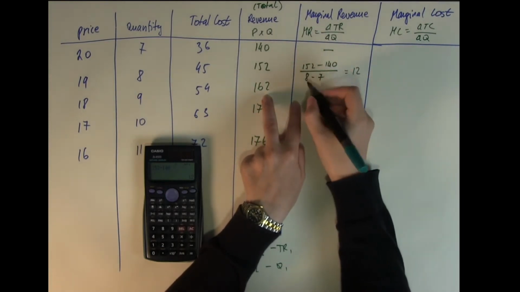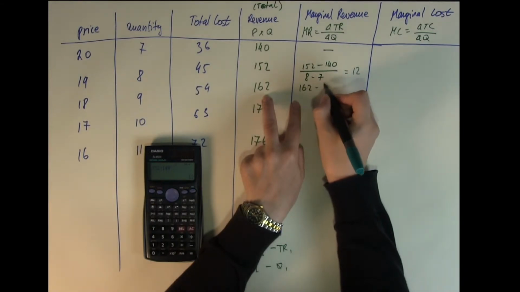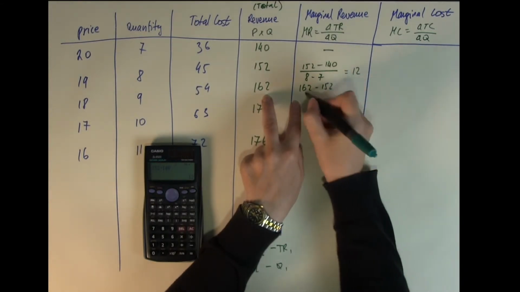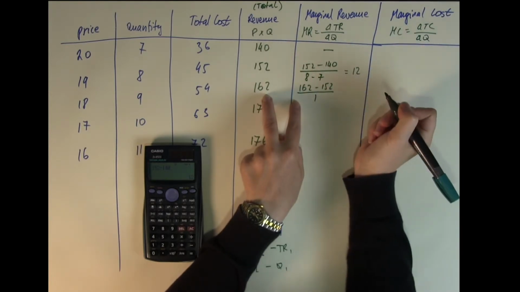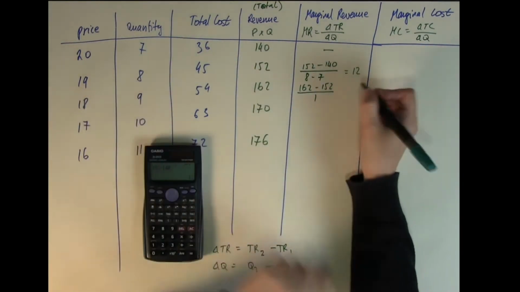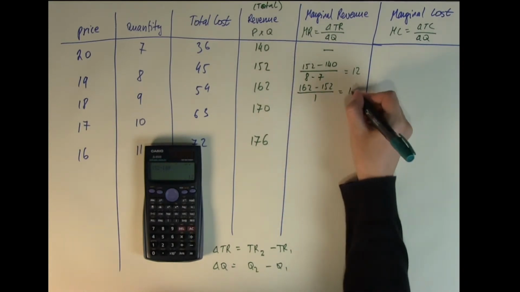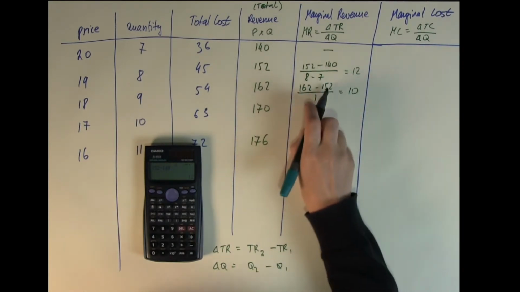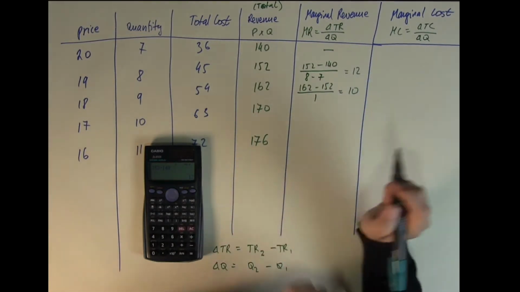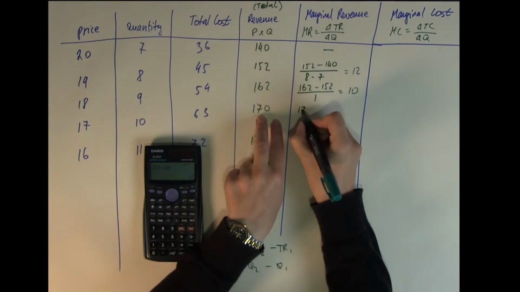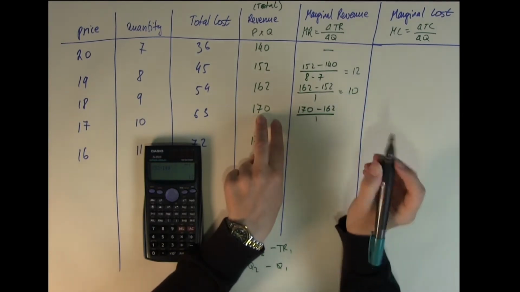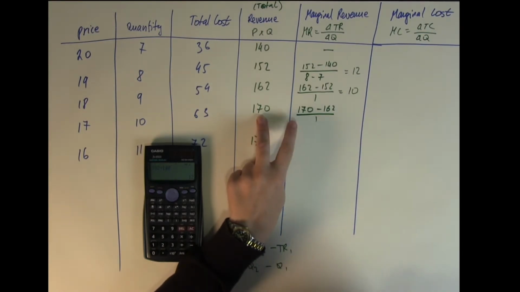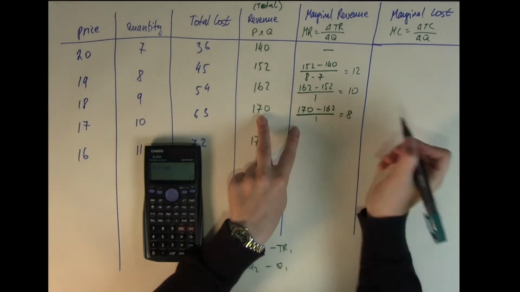The change in total revenue now would be 162 minus 152, and I would need to divide that by the change in quantity, which is 1, because 9 minus 8 makes 1. 162 minus 152 is 10, and 10 divided by 1 gives you 10. The next one: 170 minus 162, again divided by 1. The difference between 170 and 162 is just 8.